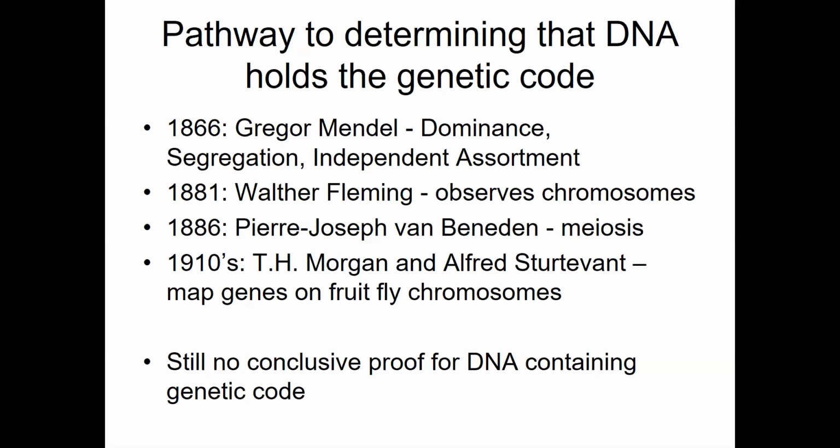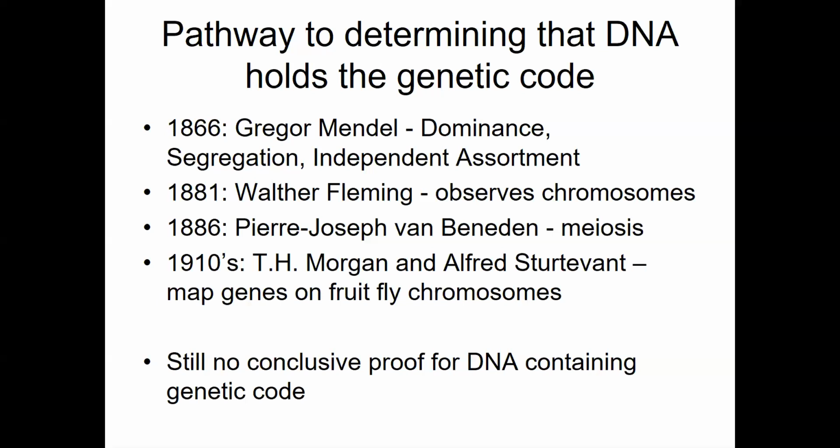And this is back in the 1910s, before scientists even knew that the DNA was the component of the chromosome that actually contained the genes and the genetic information that could be passed on from one individual to the next.